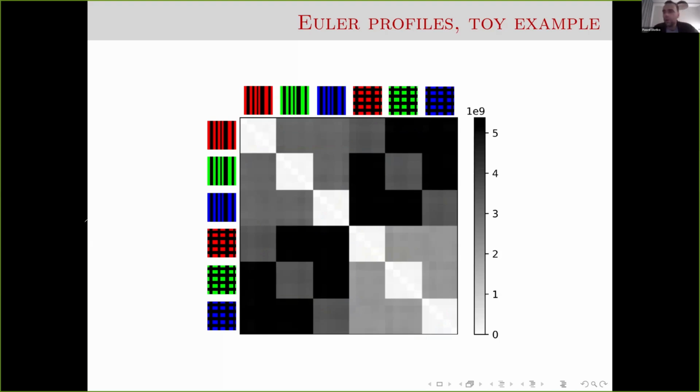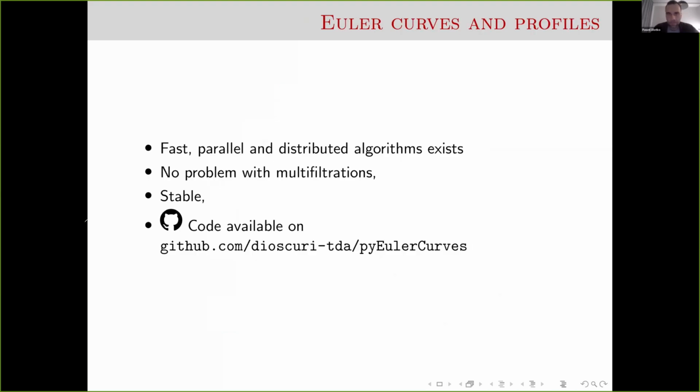We thought a little bit about matching distance, but we haven't found one. But there is an obvious geometrical stability attached to those profiles as well. So this tool is also robust and can be used to process multifiltrations. Okay, you can play with the code. You can play with all the examples I showed and many more.